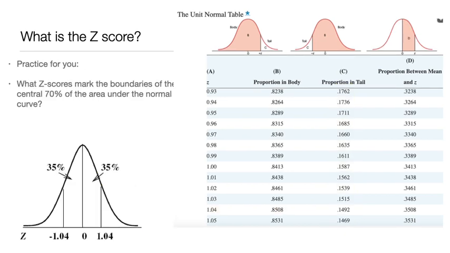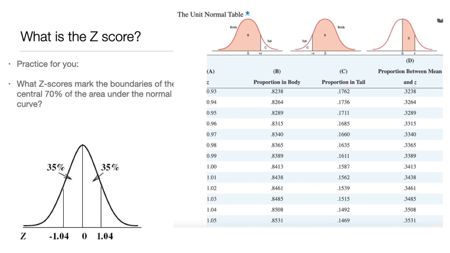The last practice problem that we have switched it up even more, said, okay, well, what if I want to know what are the boundaries of 70% in the middle, right? So where's the 70% in the middle? What are those z-scores equal to? We can do this a number of different ways.